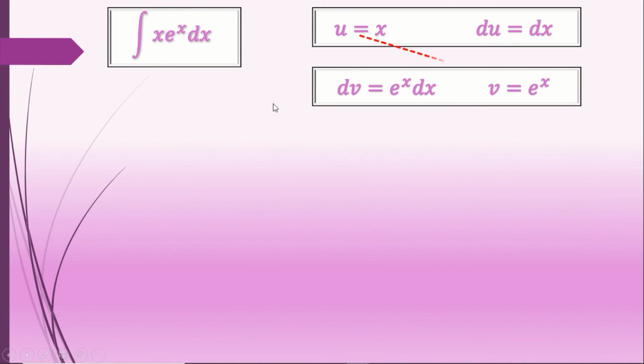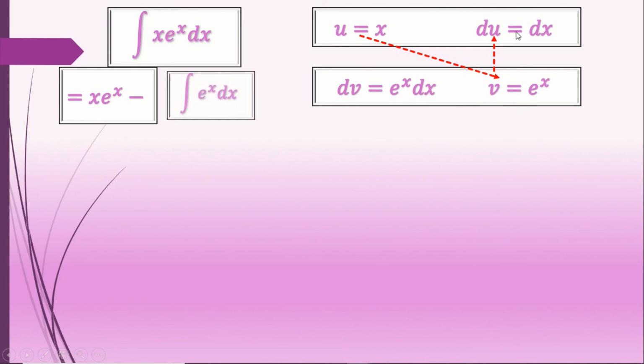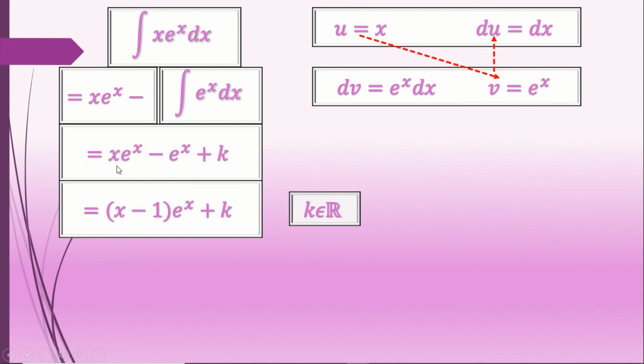We can say that it's uv, so it's x e^x minus the integral of v du, which is the integral of e^x dx. You know that the integral of e^x dx is e^x plus k. So it's x e^x minus e^x plus k, where k belongs to R. We can take e^x as a common factor, so it's (x minus 1) times e^x plus k.